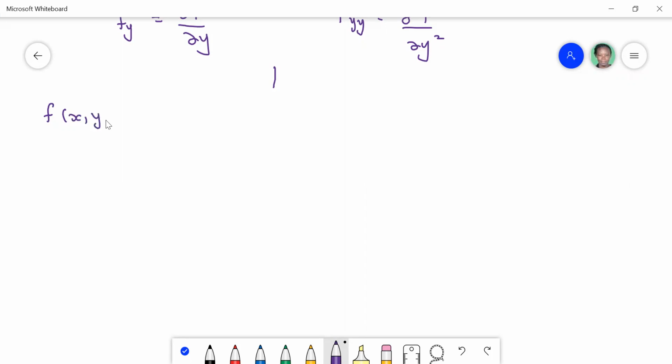So this is a function of 3 variables, and this is equal to z cubed y squared ln x. And you are asked to find f x x y z z.